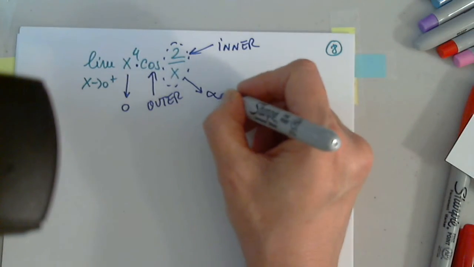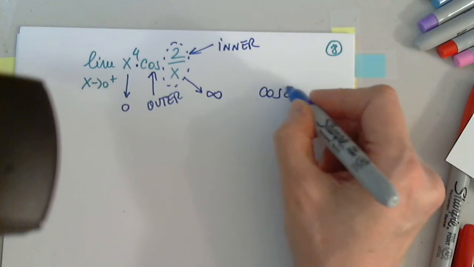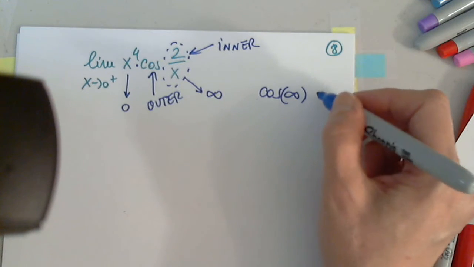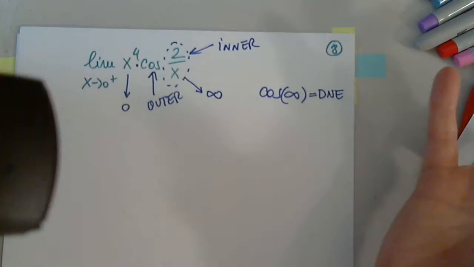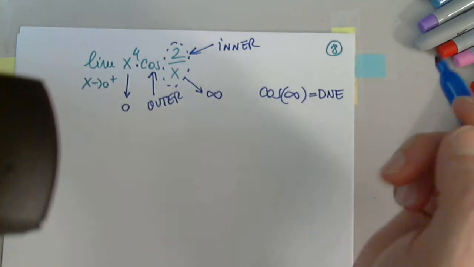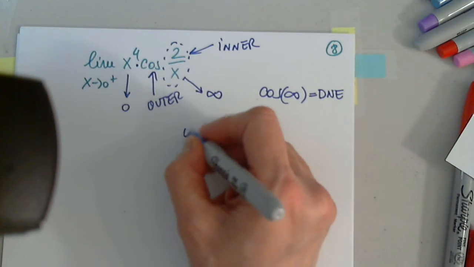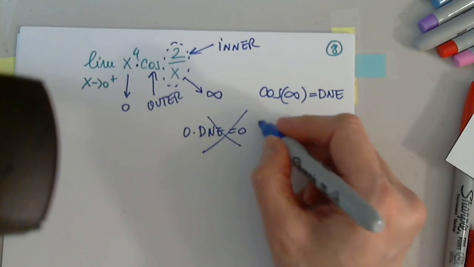Very good. And what about cosine of infinity? It's oscillating. I have no idea. So you could say, oh, 0 times that is 0. Not so fast.